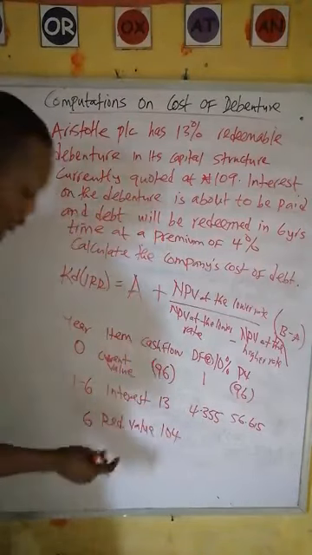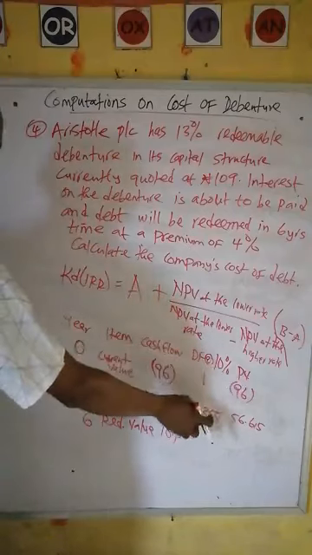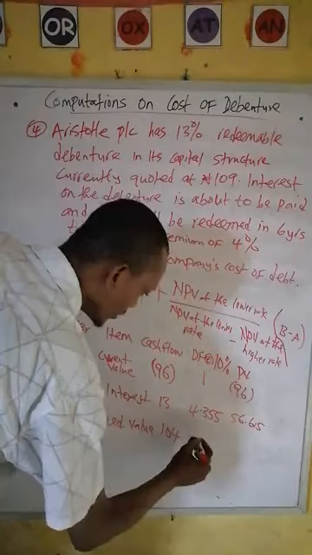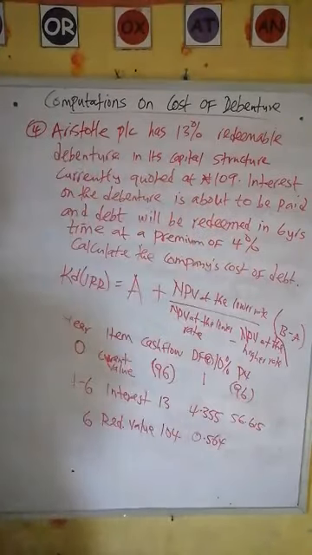So what is our discount factor for year 6? At 10%, it is 0.564. So multiply it.